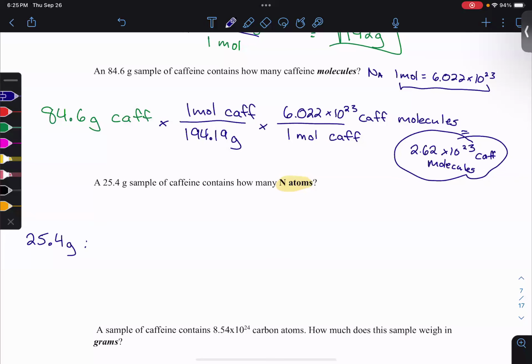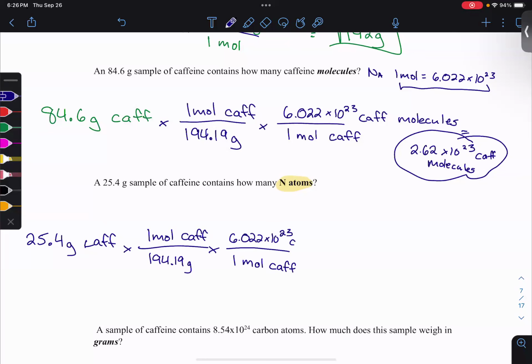So we're gonna do grams of caffeine. We're gonna use molar mass again. It's gonna look very familiar. So 194 on bottom, 1 mole of caffeine. Then I'm gonna convert this to individual molecules, right? 1 mole of anything, in this case it's caffeine, is 6.022 times 10 to the 23 caffeine particles or molecules, but we are not done.